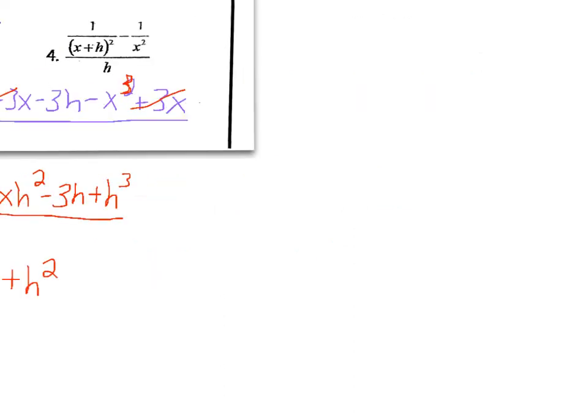In number 4, we're working with another complex fraction. So I want to multiply by the common denominator, which would be x squared times x plus h squared. And also the numerator.